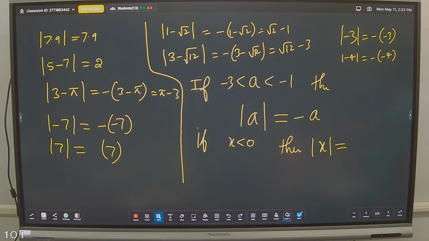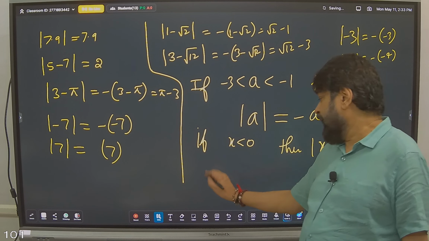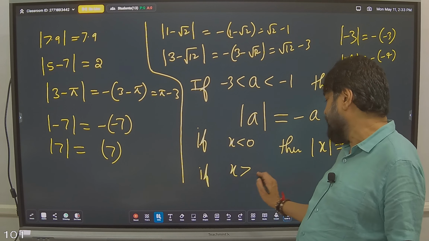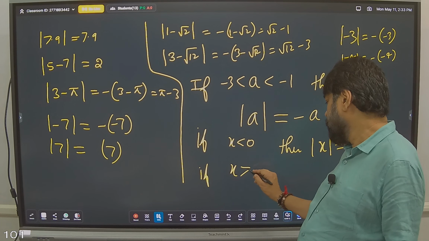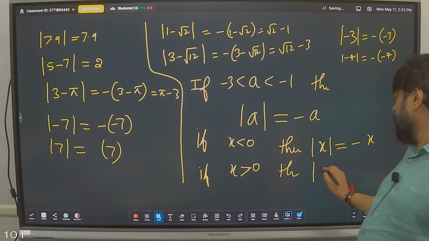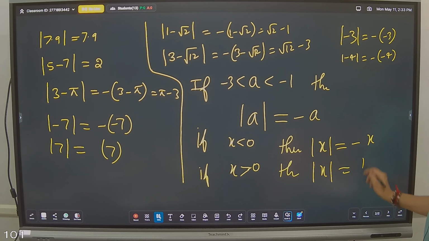Speak out. Minus. Why minus? X is negative. If x is greater than 0, then mod x will be what?